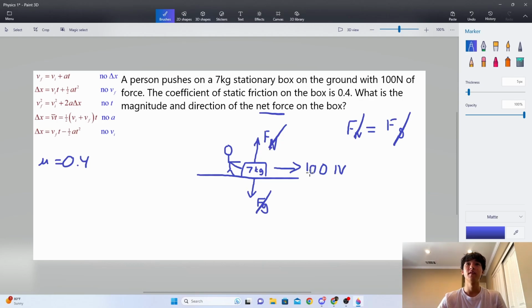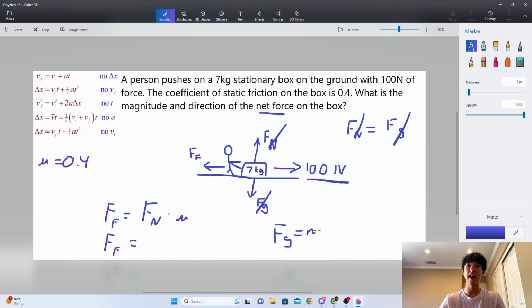So there's this force right here that we know about, but there's also a frictional force going on. So how do we find this frictional force? Well, frictional force is equal to normal force times this mu right here. So how do we find that? Well, we know that F of n is equal to F of G right here. So F of G is equal to mg.